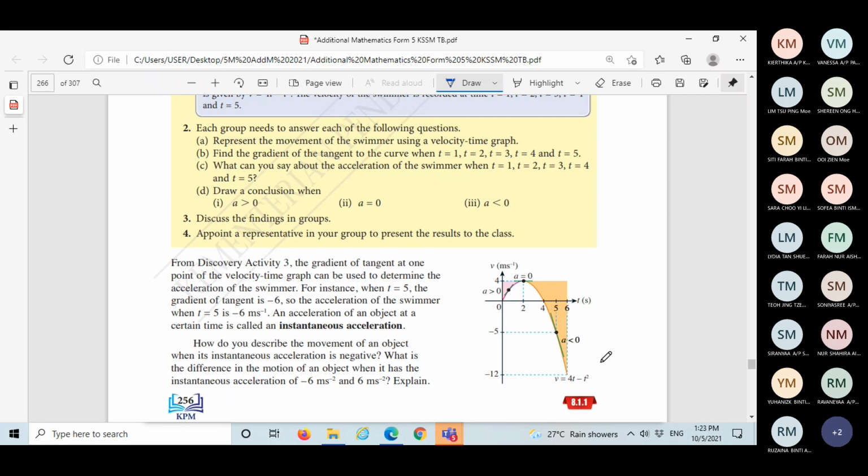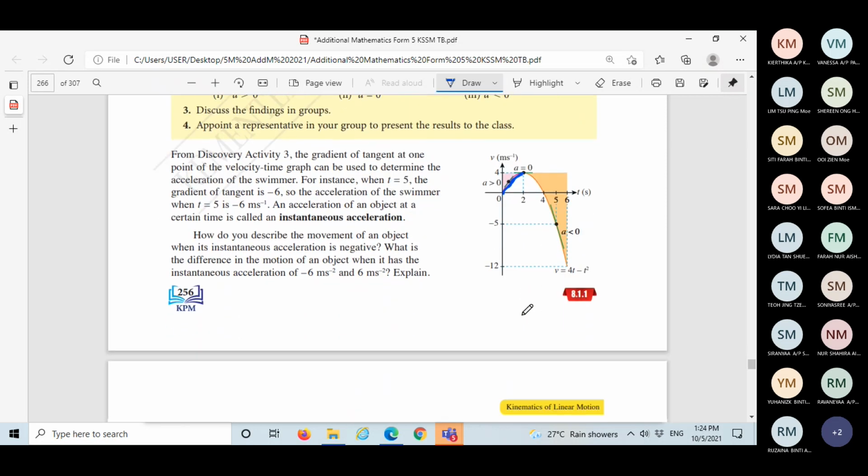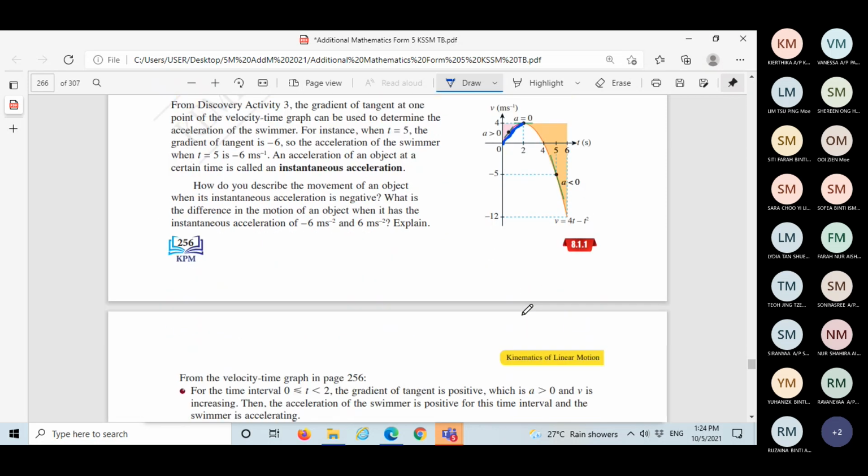Okay, but don't worry, you can still do it. If the curve is something like this, the gradient is positive. From time 0 to 2, the gradient is positive. The gradient of the velocity time graph is the acceleration.